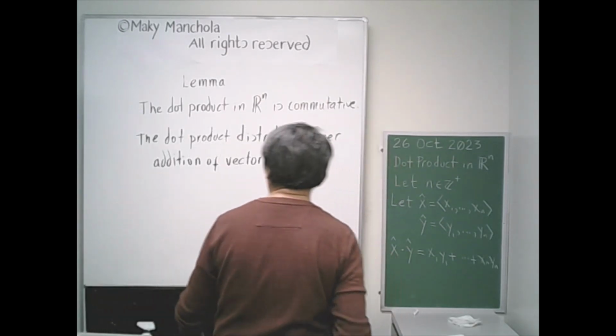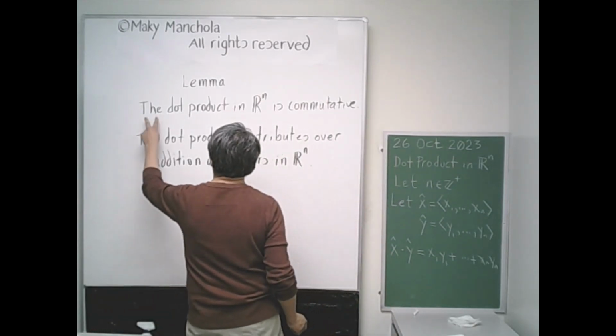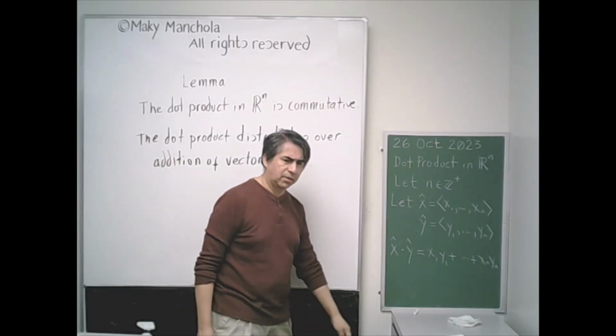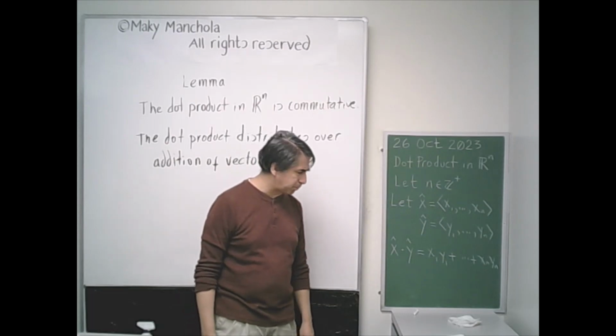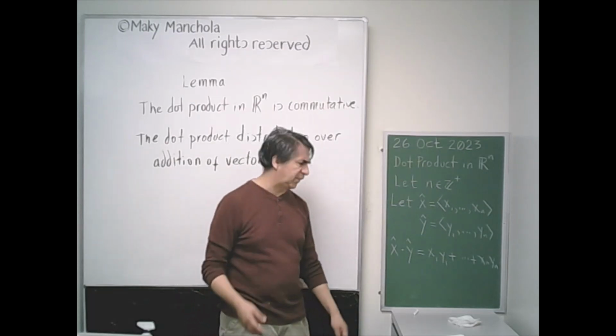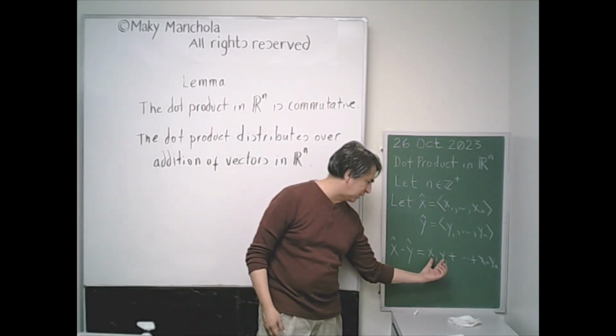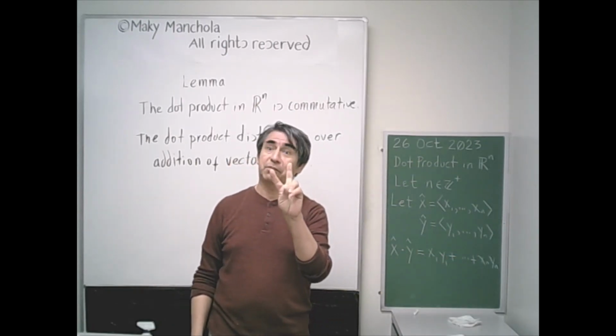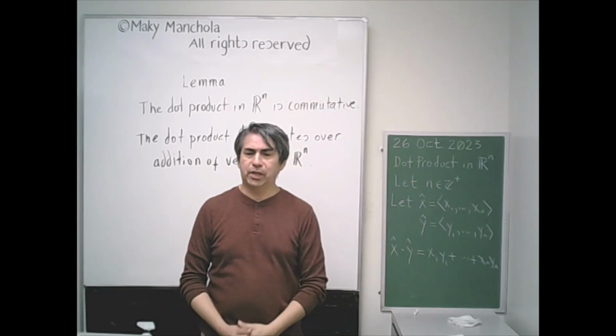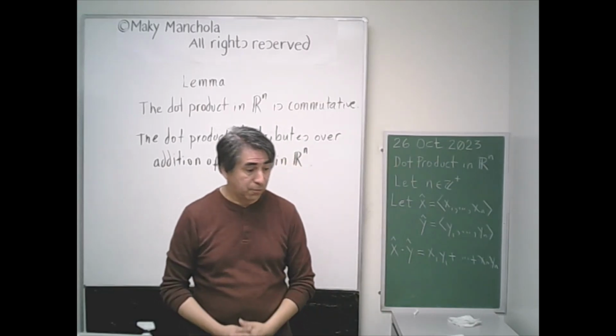Let's prove the second property and leave the verification of the first property as an exercise. And that will be very simple. You just have to observe that each of the terms has a product of real numbers, so you just have to commute them. At the end, you will realize your first property.